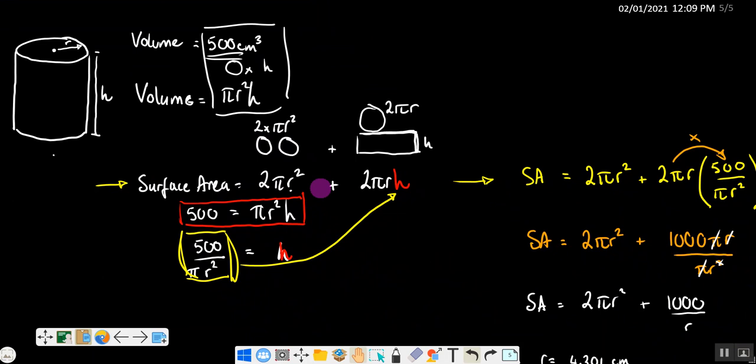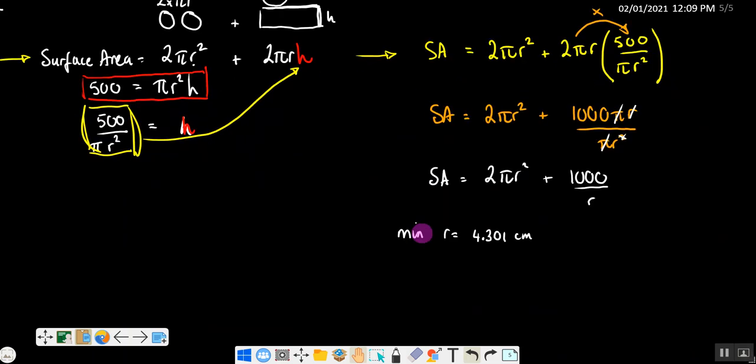There's circles in these kind of problems. So where did we start? We started with volume, right? We go back to volume. So I now know, because of the number, that 500 equals pi times 4.301 squared multiplied by h.